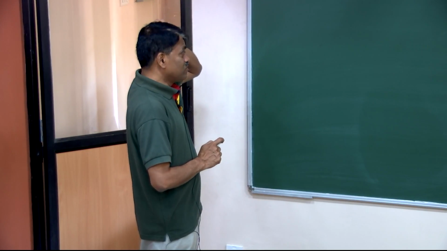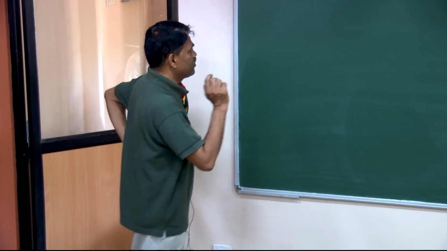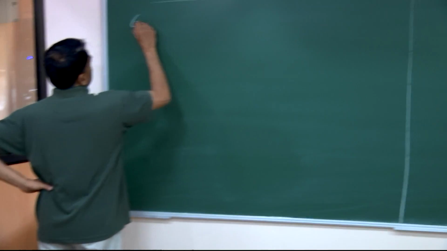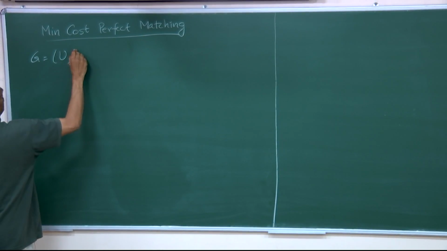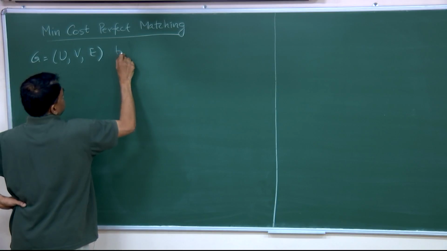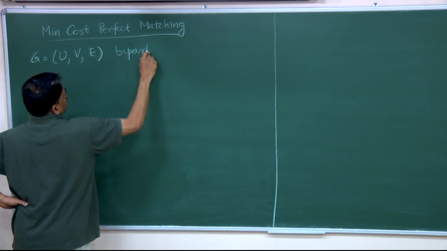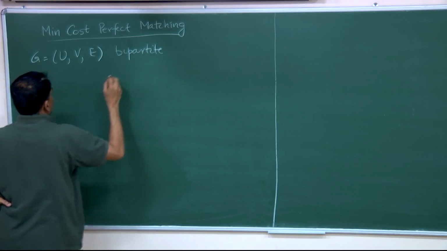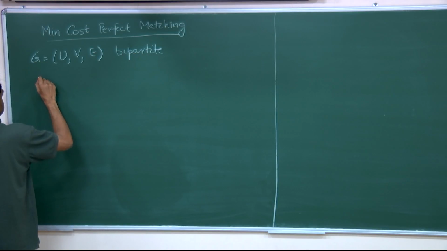So what is the... okay, let's just go back to the standard. We're talking about a bipartite graph. U, V are the two partitions. So we know how to do maximum matching.